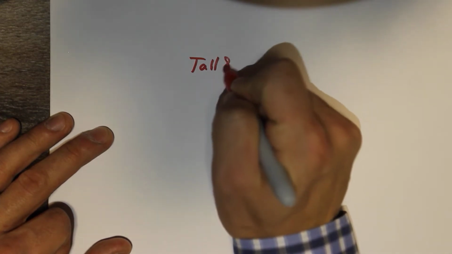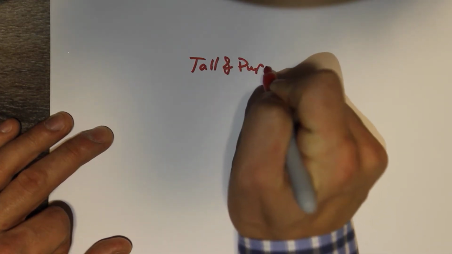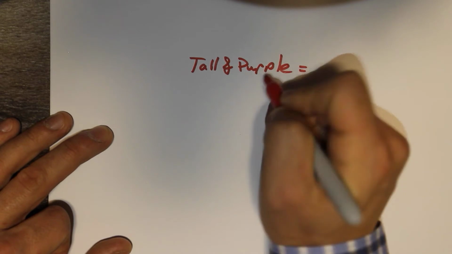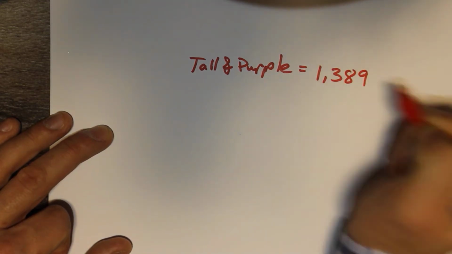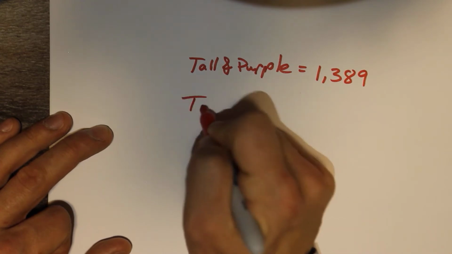Now to go off of that, let's say that the problem gives us that we have tall and purple, wow, my writing is amazing, right? 1,389 of them out of all the plants.